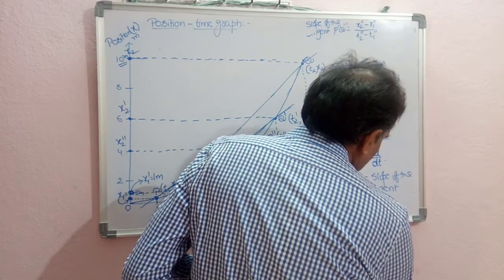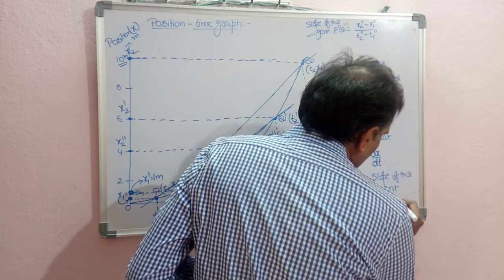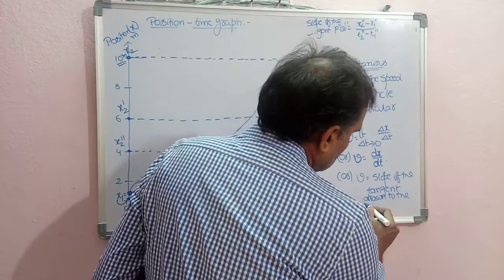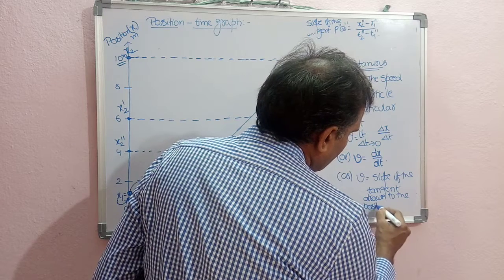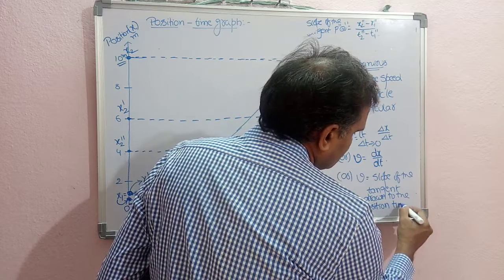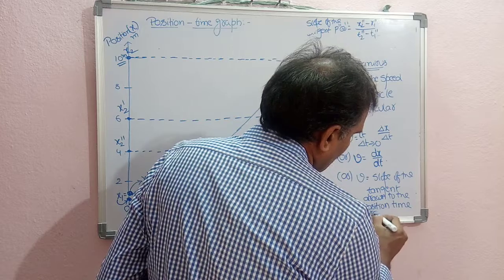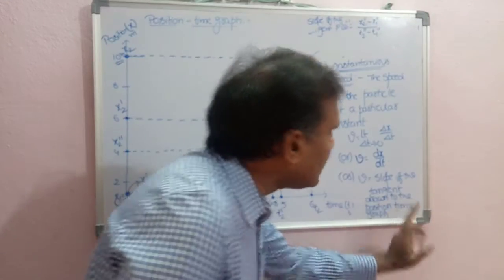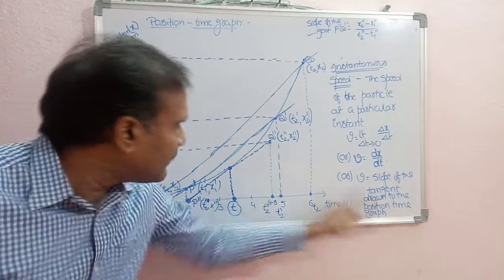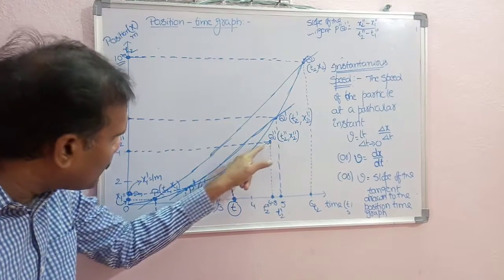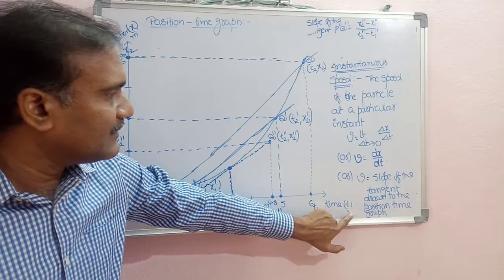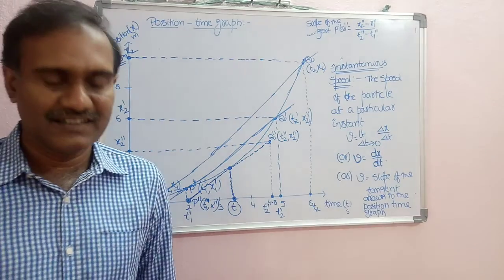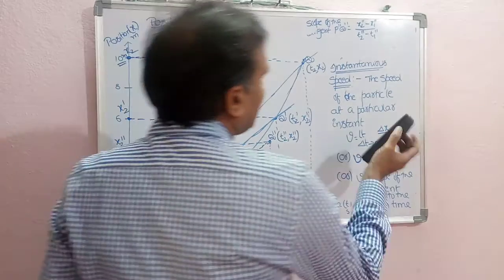Slope of the tangent drawn to the position time graph at a particular time. That is, slope of this tangent indicates instantaneous speed. Remember that. Now, what about the instantaneous velocity?